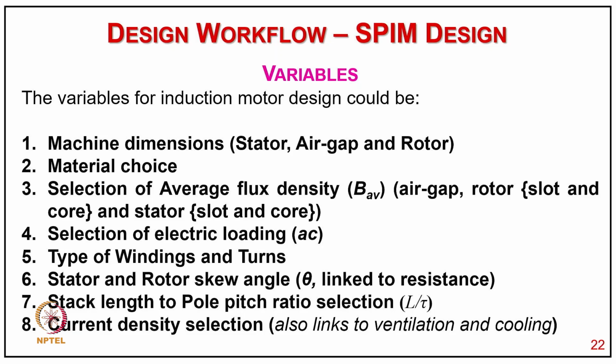So the variables, typically for induction motor design, could be the machine dimensions like stator, air gap and rotor, material choice, selection of average flux density like B average, air gap, stator slot and core, and similarly rotor slot and core, selection of electrical loading small AC, type of winding and turns, stator and rotor skew angle theta linked to the resistance, and stack length to pole pitch ratio L upon tau, and current density selection also linked to ventilation and cooling.